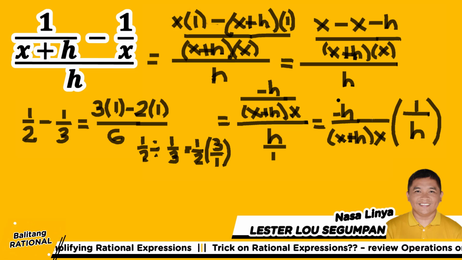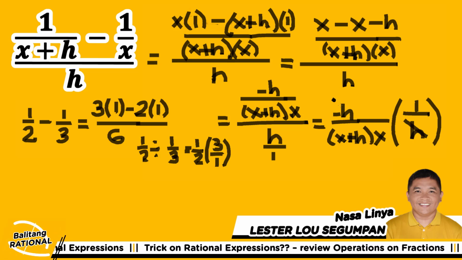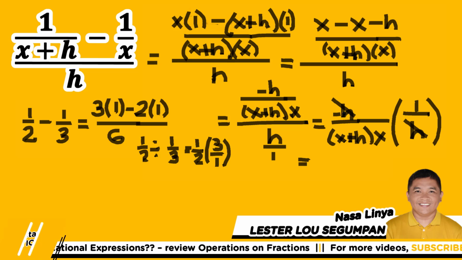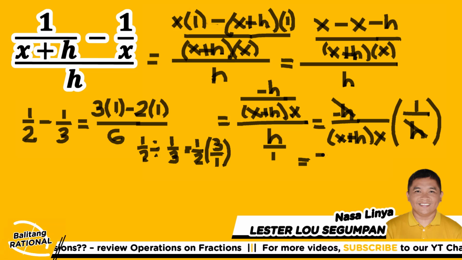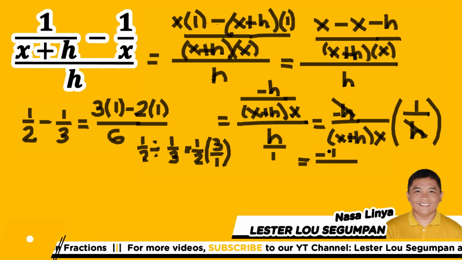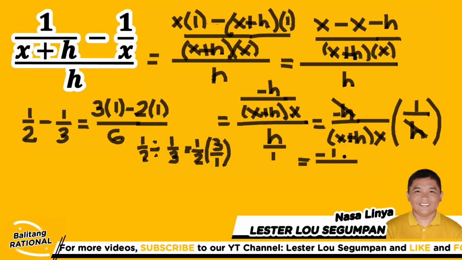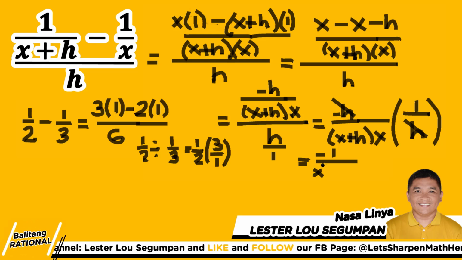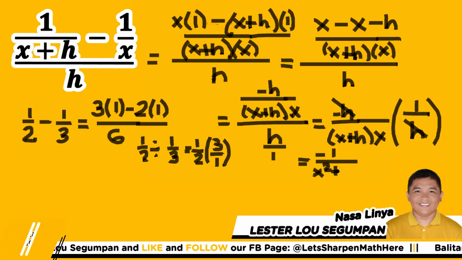And we could see a presence of h here and here. So yung tamang sagot natin dito is we have here negative times 1. So negative 1 over, this time, since wala na po tayong makakancel kasi nga po 1 po yung ating numerator, we now can multiply this. So x times x, you have x squared plus hx.